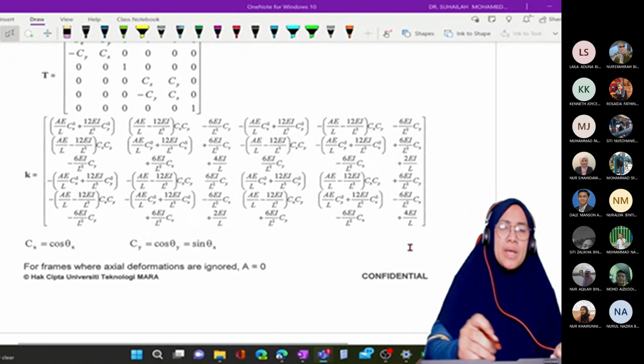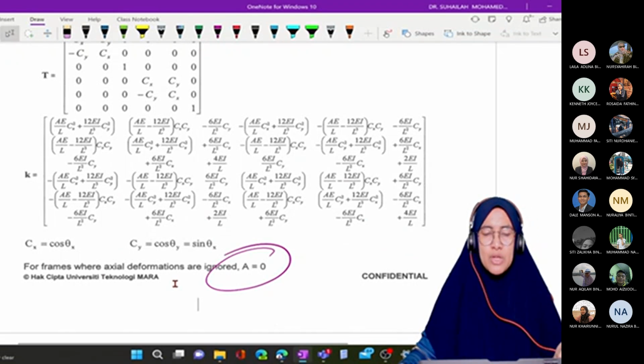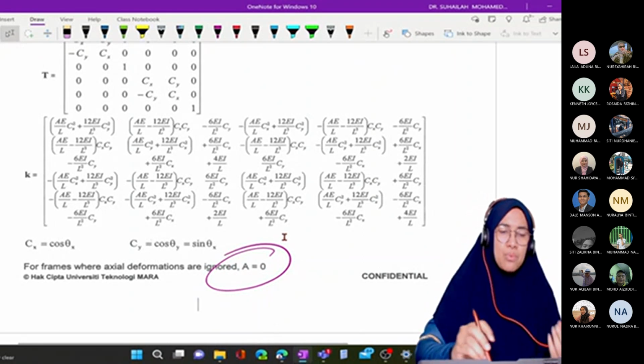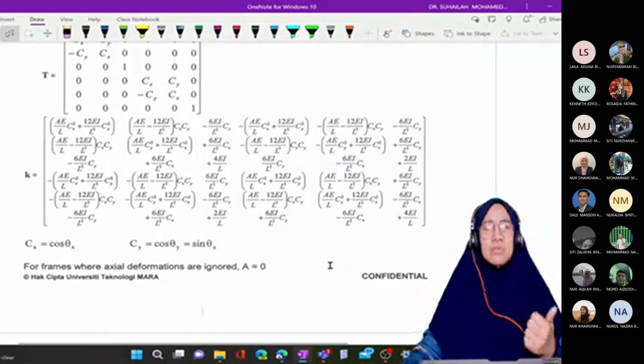Anyway, there is a statement here: axial deformation is ignored, A is equal to 0. Normally it will be given in the question. The statement means that A will be neglected. Axial deformation is ignored, A is equal to 0.